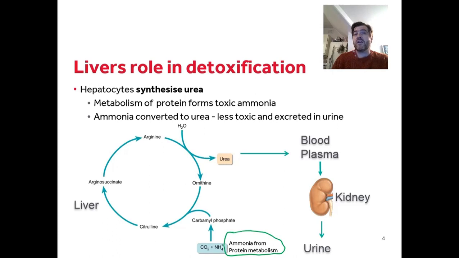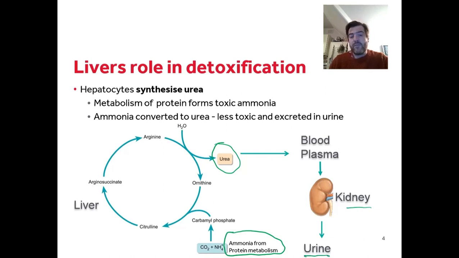When proteins are catabolized around the body, they form this harmful ammonia, which is highly toxic. So the very process of metabolism itself is toxic, and this is where the liver, via the urea cycle, forms urea, a less toxic form, which is then excreted into the blood and then excreted from the body by the kidney in the urine.